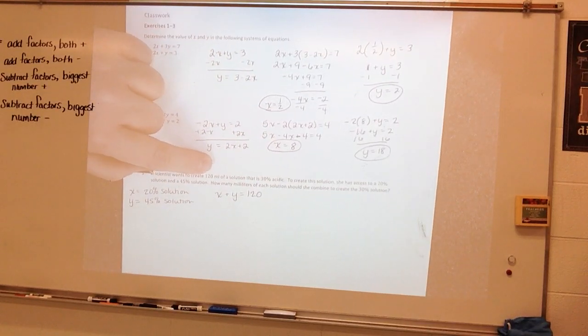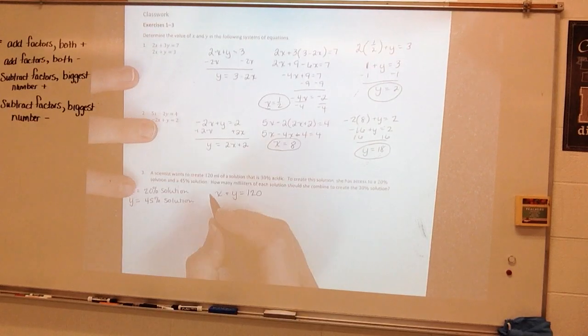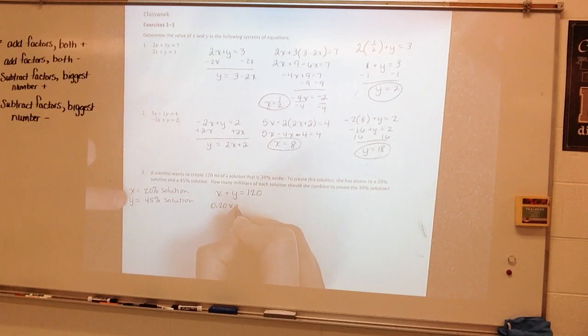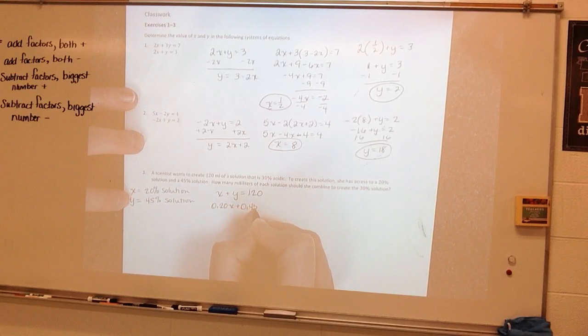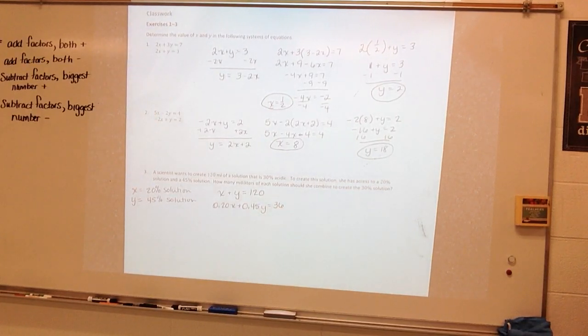So I would multiply 120 times 0.3, and that is 36. So we can write one equation to model the acidic proportion, which is 20% solution plus 45% solution is equal to 36. So writing these two equations as a system, we can solve.